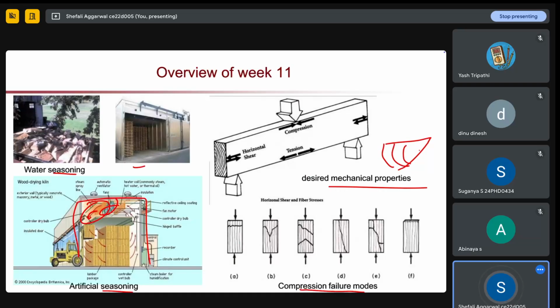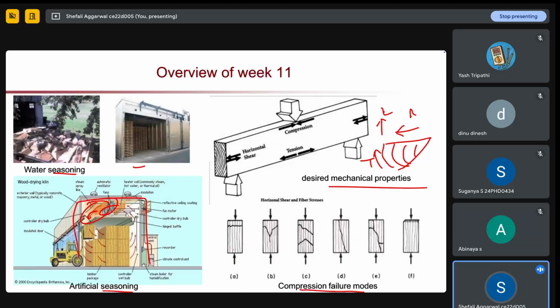This is our wood, and these are the radial, longitudinal and transverse directions. In which direction you are loading it will affect the properties of the wood.